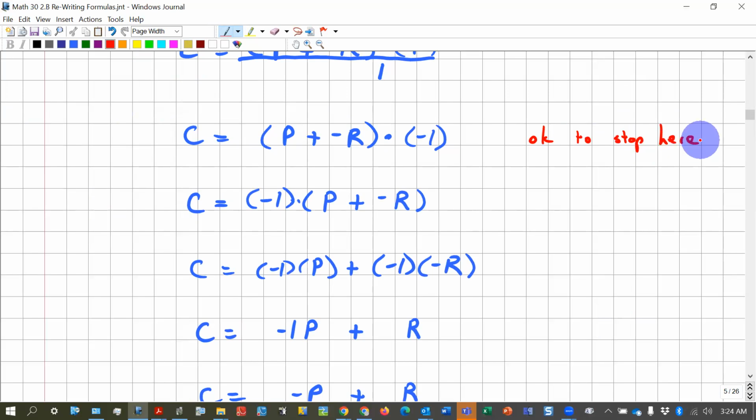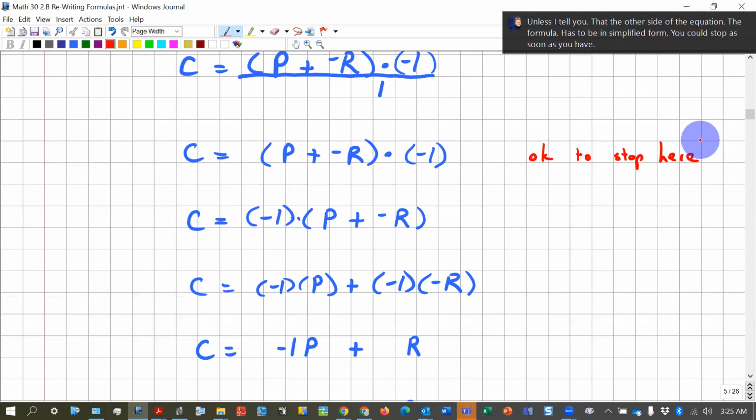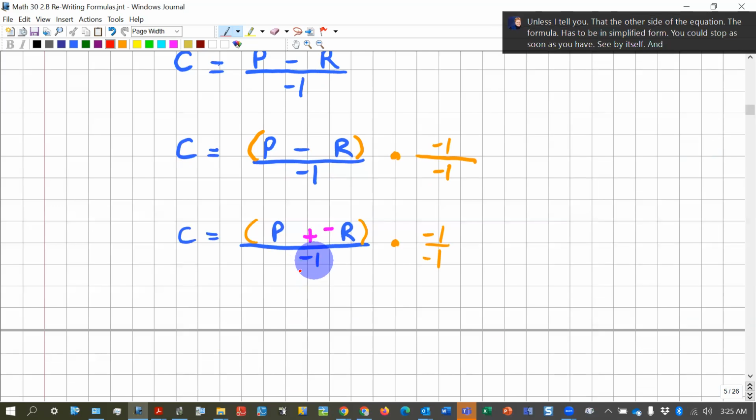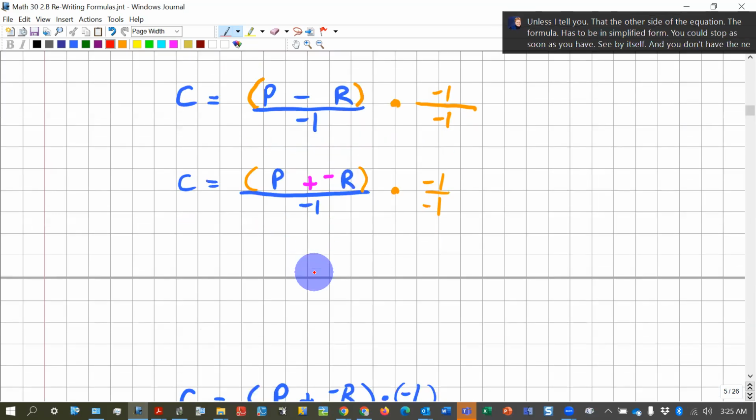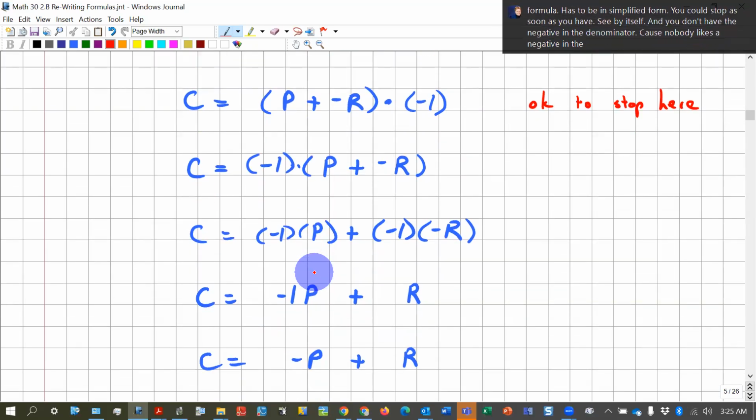Unless I tell you that the other side of the equation, the formula, has to be in simplified form, you could stop as soon as you have C by itself and you don't have a negative in the denominator, because nobody likes a negative in the denominator.